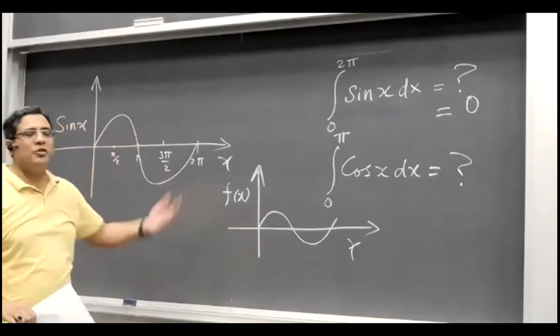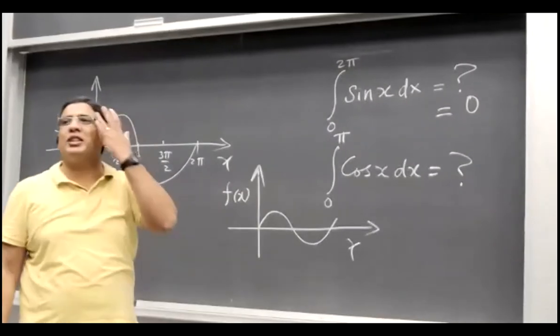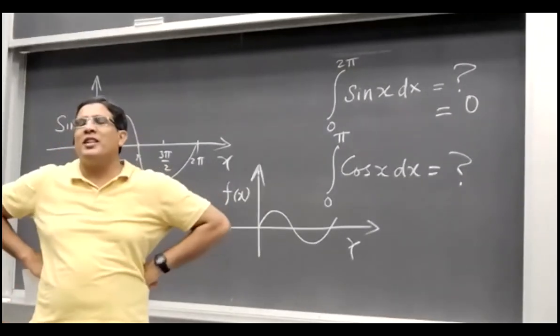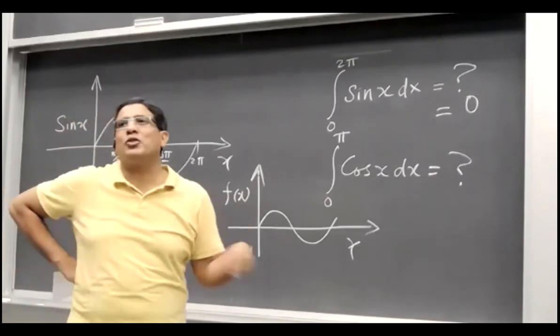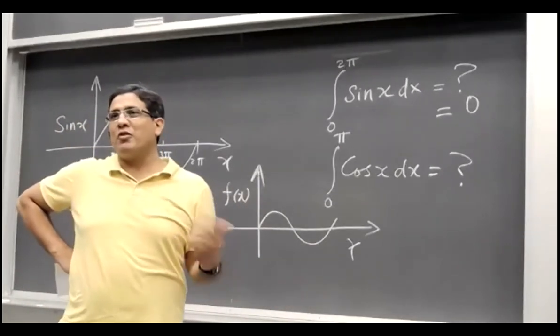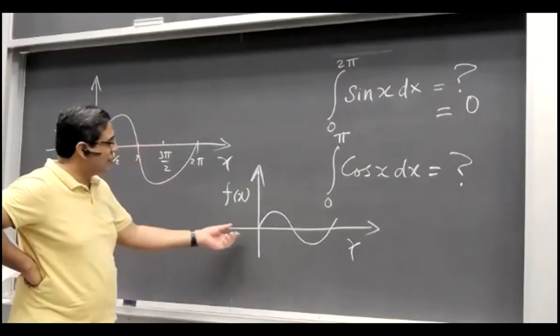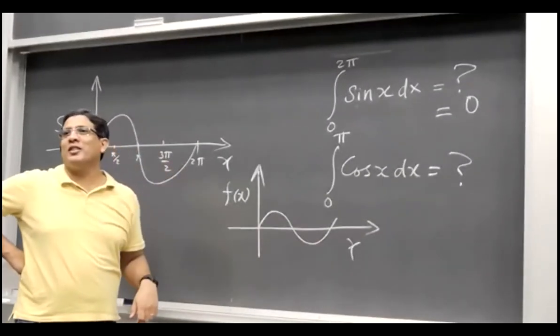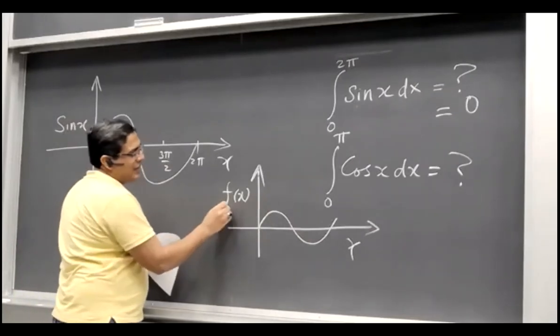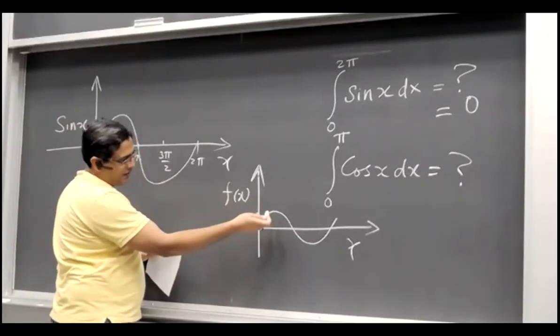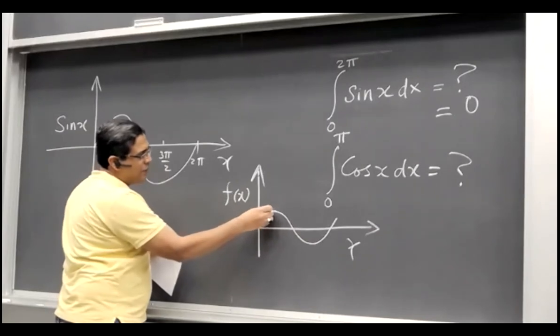And then when you're doing actual exercises or sitting in an exam, and you're worried whether the derivative of sine x is minus cos, or whether the derivative of cosine is minus sine, and you don't know, if you know this, you can find that out. If you know that the derivative of a function that looks like this, which is in fact sine, it would be 0 here.